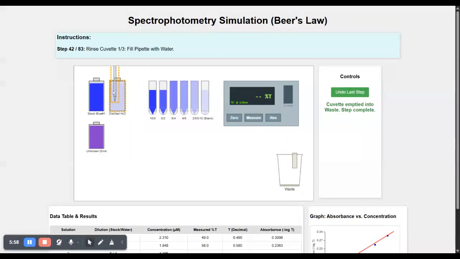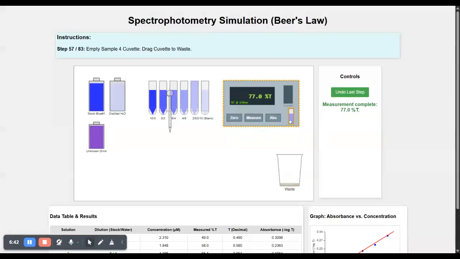So now we're going to rinse. Once again, we are just rinsing to make sure none of the dyes get cross-contaminated.